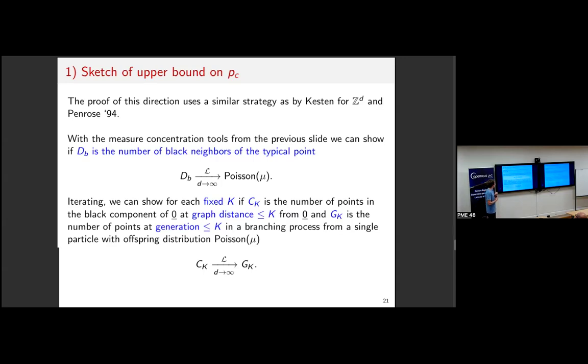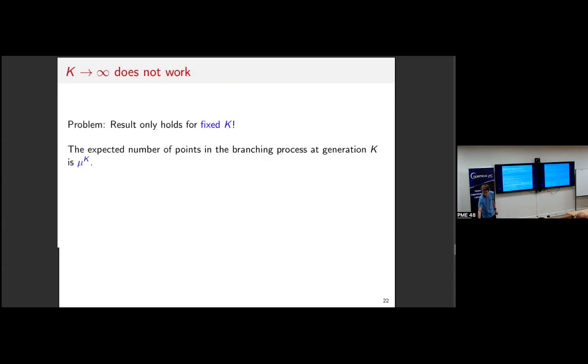But the problem is that this only works for any fixed k. You cannot just let k run to infinity and be done. There are multiple ways of seeing this. One would be to compare the expected number of points in generation k in the independent model and in our model.